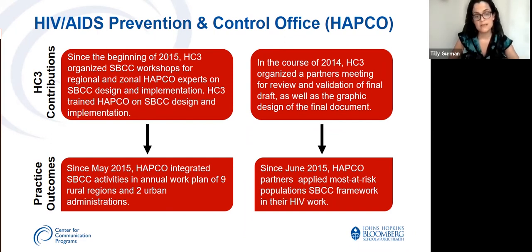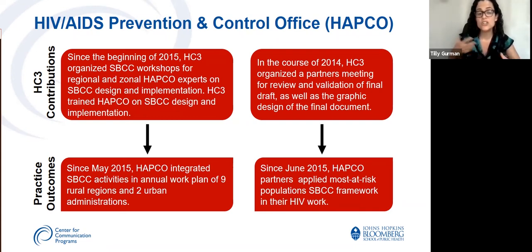And then at the bottom of the slide, you see the 2 outcomes. And both of these outcomes we classified as practice outcomes. So the first one on the left is the outcome: since May 2015, HAPCO integrated SBCC activities into the annual work plan of 9 rural regions and 2 urban administrations.